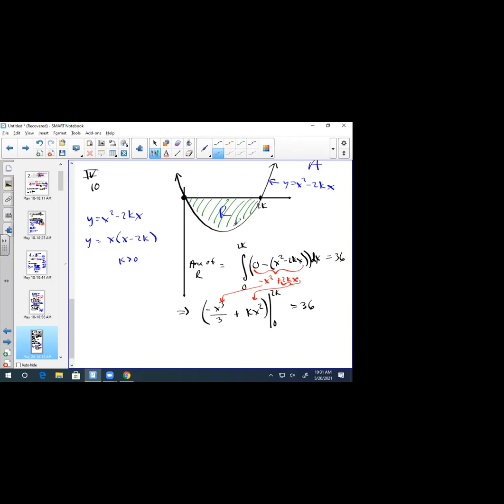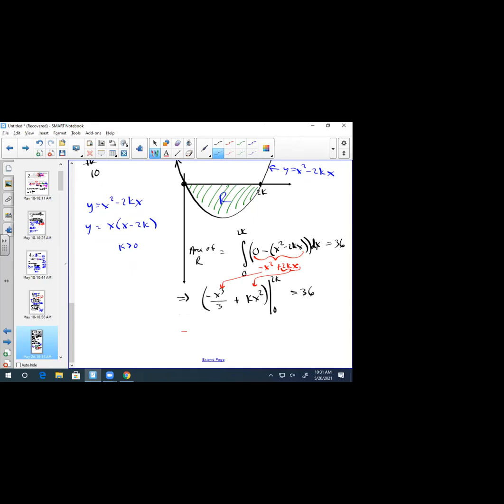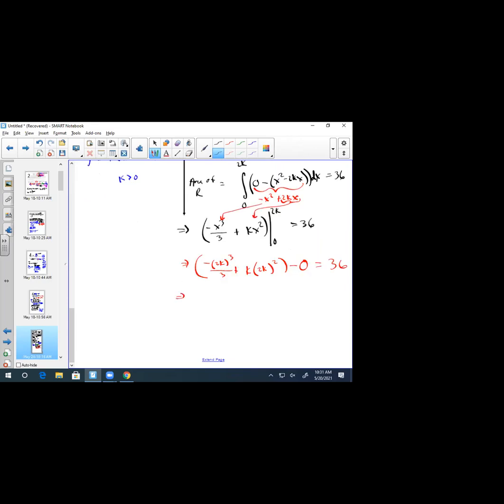So now I have, this implies, negative (2k) cubed over 3 plus k times (2k) squared minus, and then when I plug in 0, this is all just 0, is equal to 36. So this implies that negative 2 cubed is 8, so negative 8 thirds k cubed plus 4 k cubed equals 36.